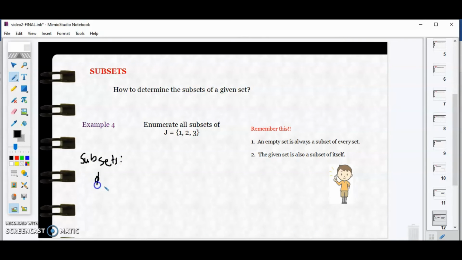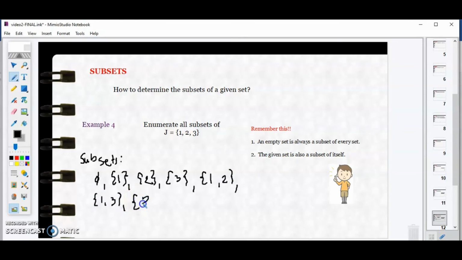So, we have the empty set, followed by the set containing 1, isahan muna, followed by the set containing 2, the set of 3, and then dalawahan naman, the set of 1, 2, the set of 1, 3, the set of 2, 3, okay, and the set of 1, 2, 3, or dahil binigay ang pangalan ng set niya, you could write J.